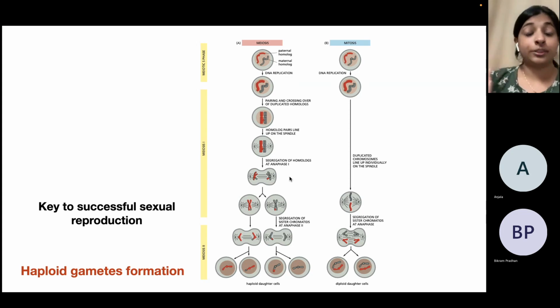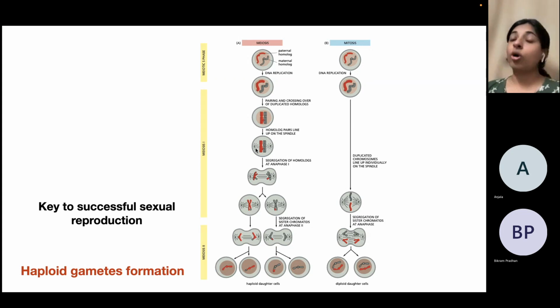But meiosis 1 is different, because both the sister chromatids are attached to the same spindle pole. Here we can see clearly that if the red is one set of chromosomes, the gray is the other set of chromosomes, and both of them have sister chromatids along with them. In meiosis 1, both of these are attached to the same spindle pole, and when segregation happens, the two homologs separate.